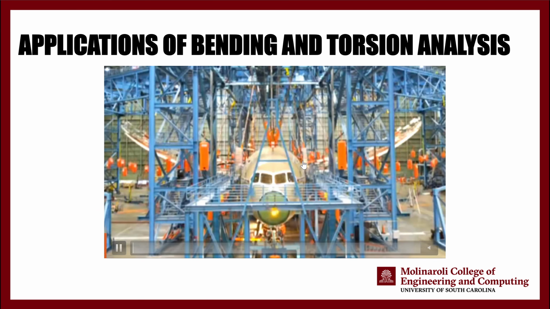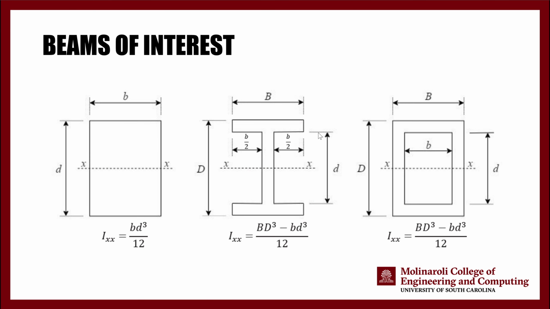Okay, let's move on. So the beams we are going to use in the lab for the bending part of the lab is just a regular rectangular beam and an I-beam and a hollow rectangular beam. So the difference between these beams is going to be the fact that their moment of inertia is different.